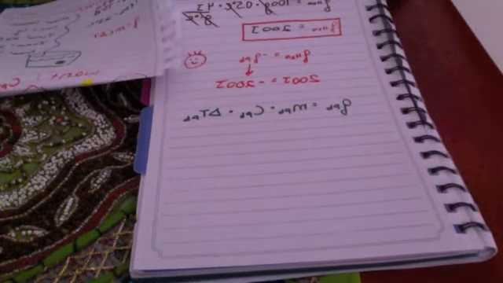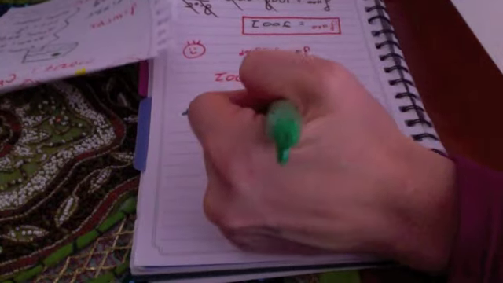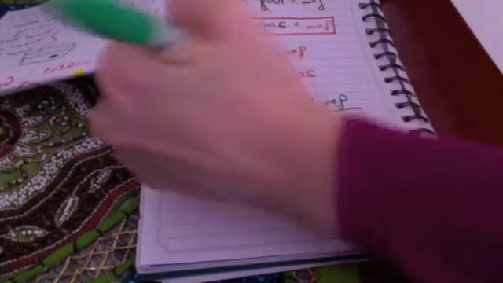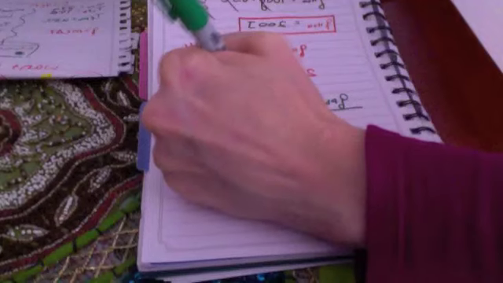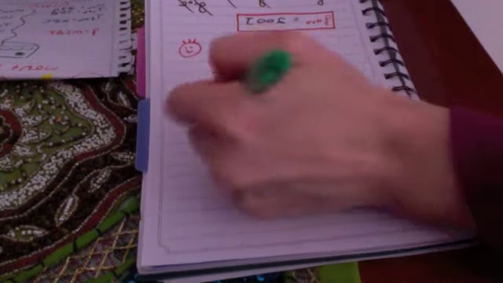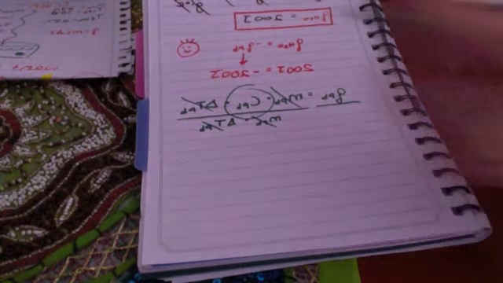Now, I always like to go ahead and do the algebra first and then just plug in my numbers. So I'm going to divide both sides by the mass and the change in temperature of the lead. I'm dividing both sides by this because I want to isolate the specific heat capacity for lead.